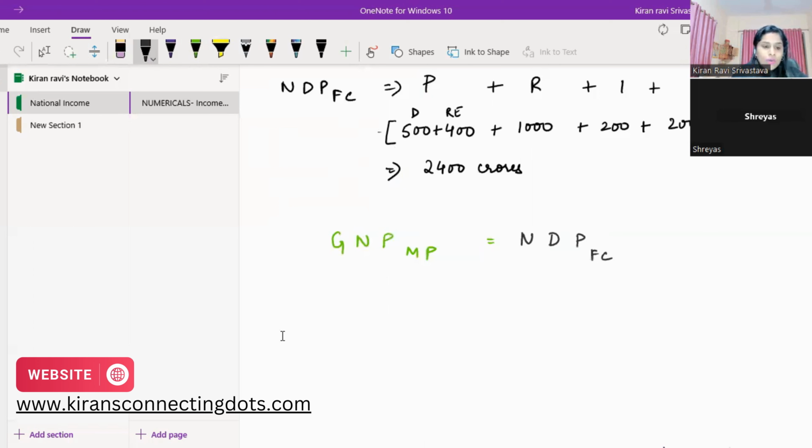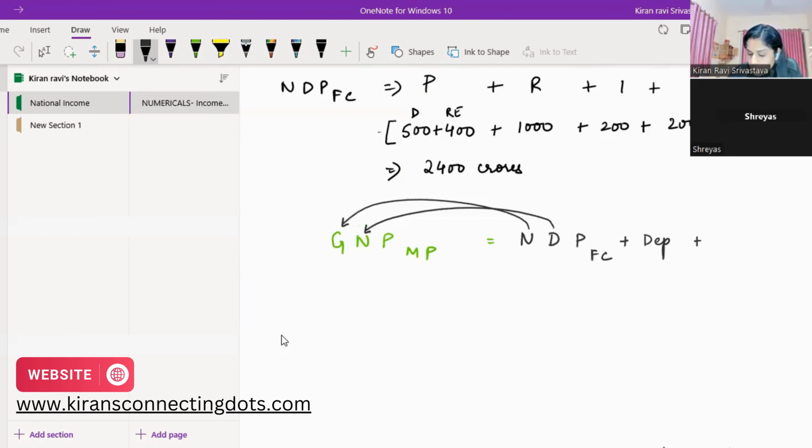So now we know कि left hand side is the unknown variable and right hand side is what we know. Now let's start. नेट को ग्रॉस करने के लिए हमें क्या करना पड़ता है? We need to add depreciation. Then डोमेस्टिक को नेशनल में करने के लिए क्या करना पड़ता है?